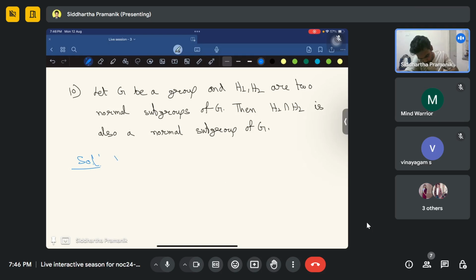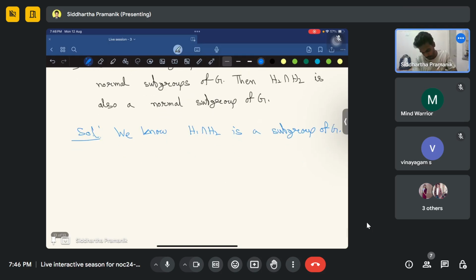So okay, let's see the proof. H1 intersection H2 is a subgroup. So we need to check the normality. So now let g belong to G and small h belong to the intersection.